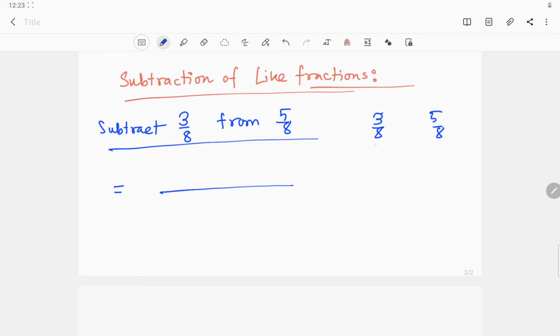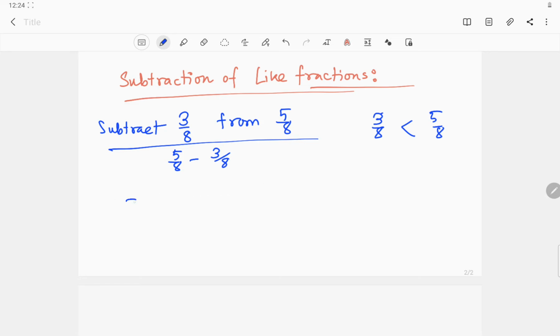Since they are like fractions, you check the numerator. Since 3 is less than 5, 5 by 8 is the bigger number. So it is 5 by 8 minus 3 by 8.